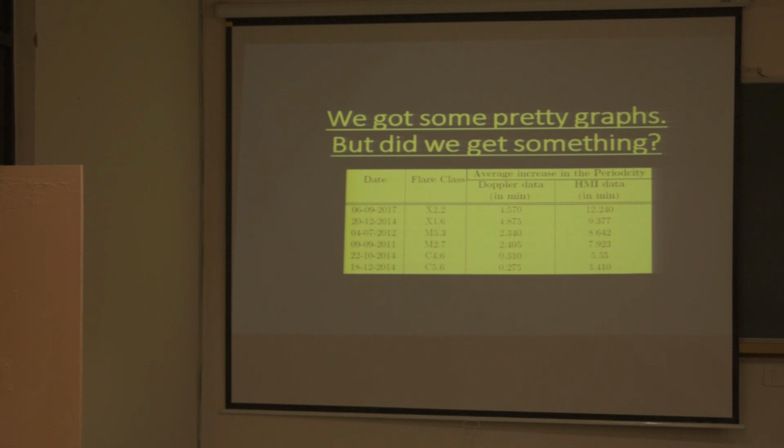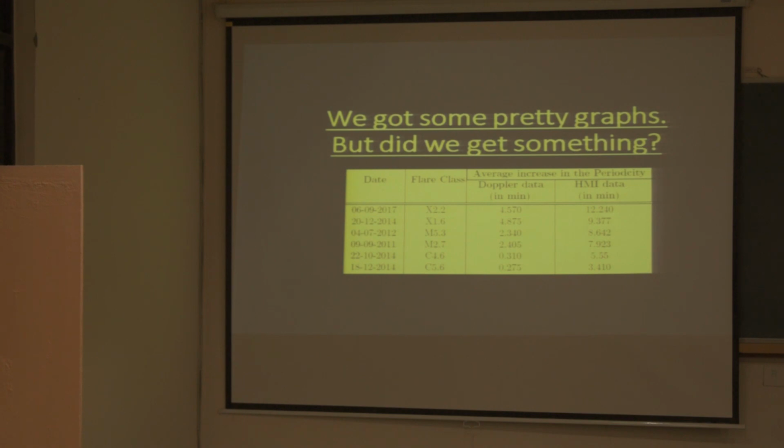So we analyzed the average increase. This is the increase in the periodicity. Before flare and after flare, we analyzed the Doppler oscillations and HMI oscillations, and we subtracted. The increase in the oscillations which we got after solar flares, we subtracted from the initial oscillations present before the flare.